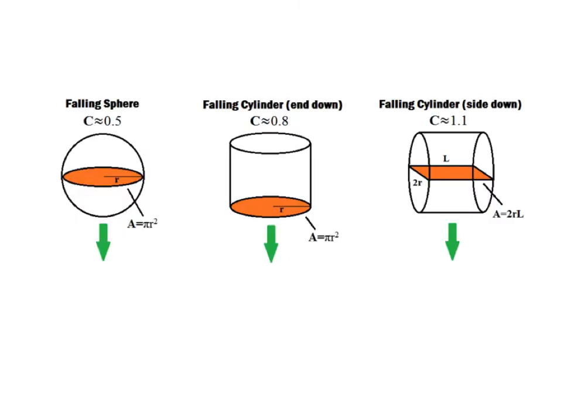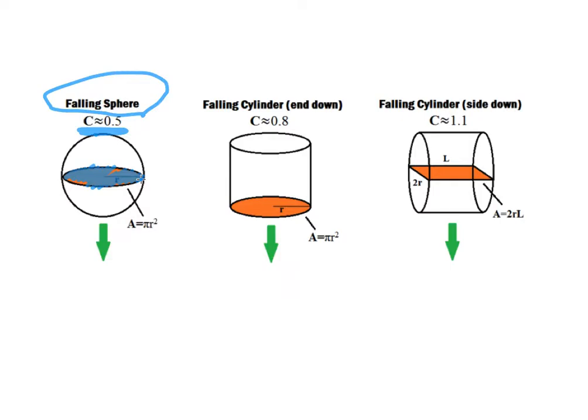For example, if we have a falling sphere like this one, the drag coefficient is around 0.5 and the area is actually the projection area. We do not take the surface area of the sphere in the calculation, we just take the projection area.